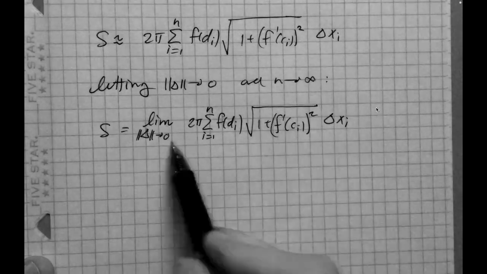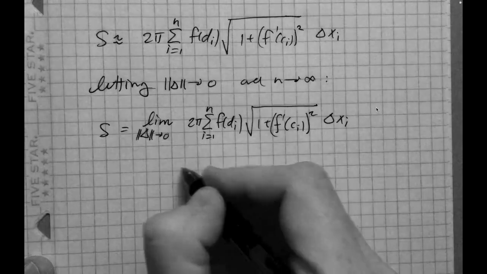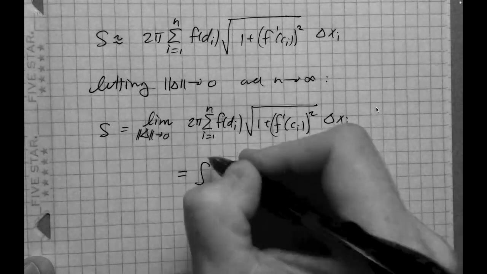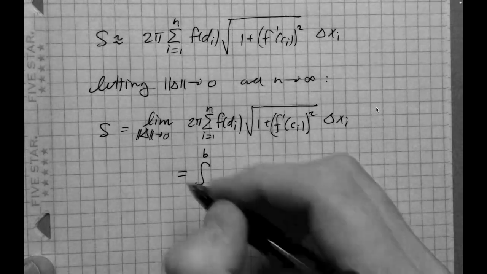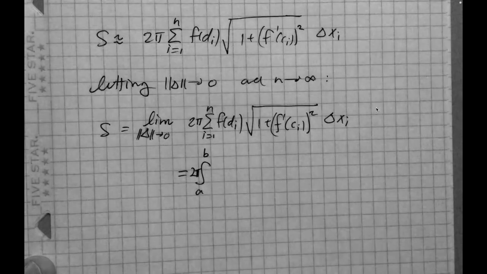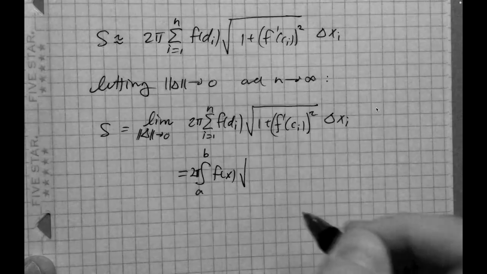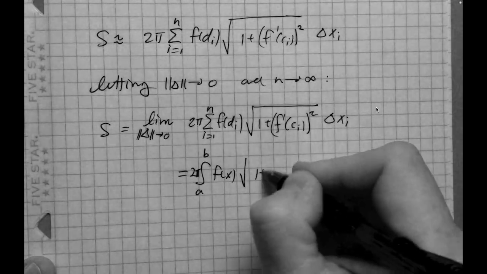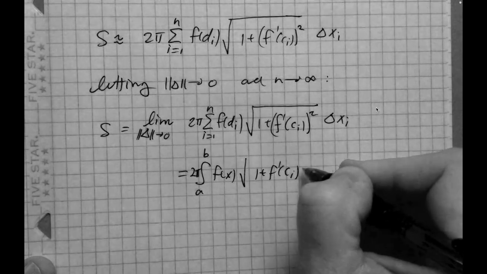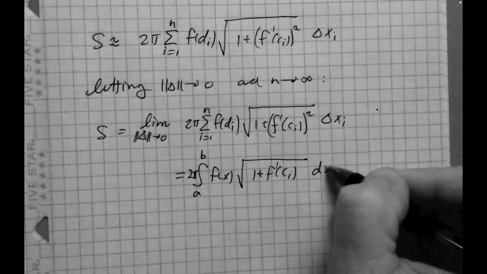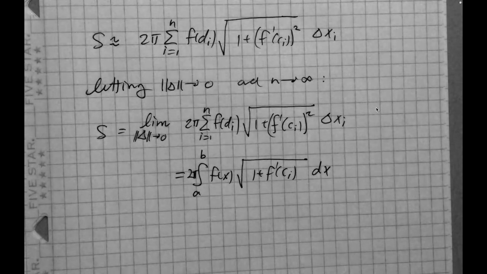the integral. It's just that thing with the limit notation on the front, and it becomes 2 pi times the integral from a to b of f of x times the square root of 1 plus f prime of x squared. Okay, so there we go.